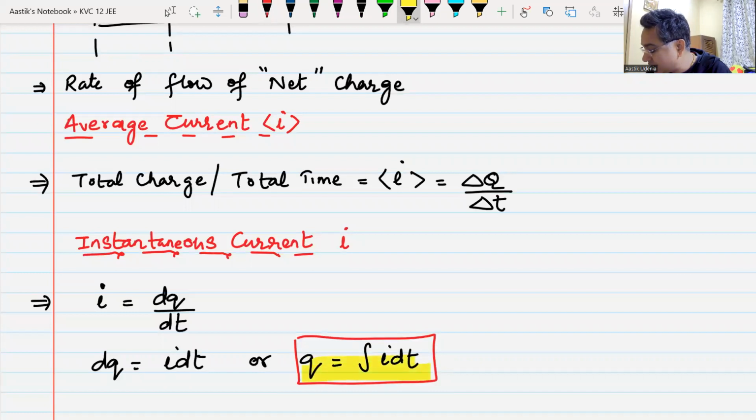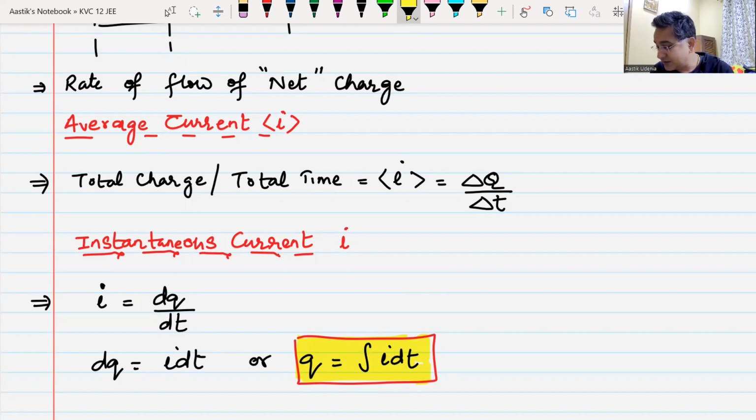So the integral of I dt will give you the total charge. Remember, there must be a net flow of charge for current to be considered in a conductor. If there is no net flow of charge, we don't consider any current flowing, even though there is a flow of charge. If there is no net flow of charge, current is said to be zero.